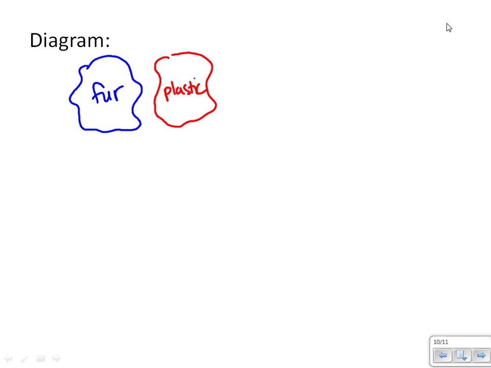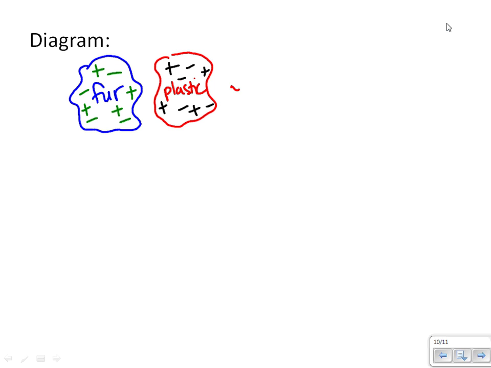So let's say before rubbing, the fur has, we'll draw in 4 positive and 4 negative charges, and the plastic also has 4 positive and 4 negative charges. So right now they're both neutral, okay?